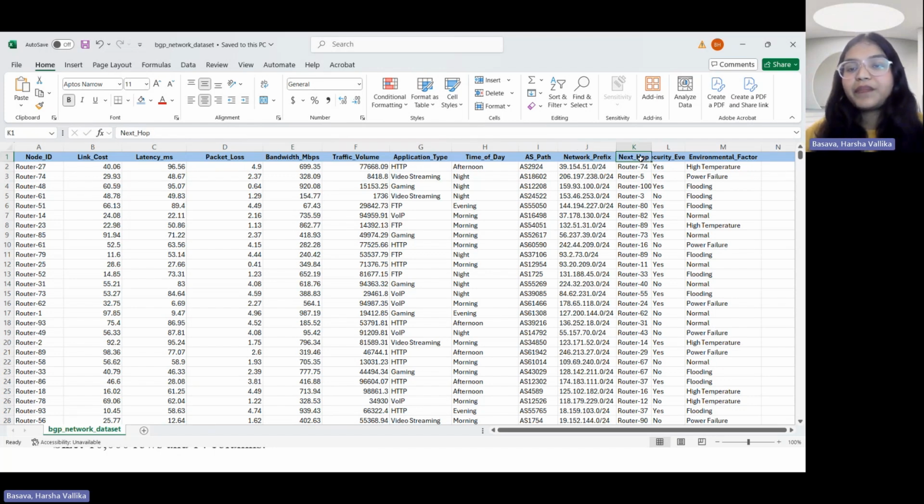And this next hop IP address is the next hop router. And we have security events, like if there is any cyber attack or breach, then this says yes or no. Next, coming to the environmental factors, there are multiple factors like flooding, power failure, high temperature and all. So this is the data set which we are going to work on for this project.